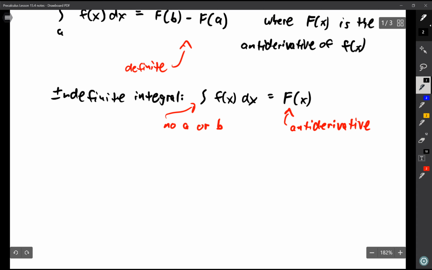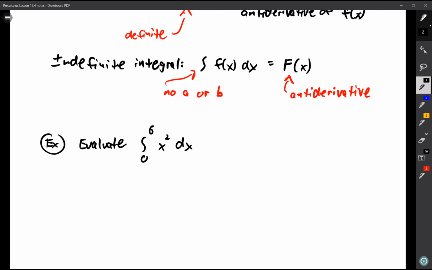All right, let's do some examples. I'm going to use our lesson 3 problem. So first of all, let's evaluate the integral from 0 to 6 of x squared dx. Okay, so we need to start out finding the antiderivative. And you might recall, do 1 divided by the new x power.